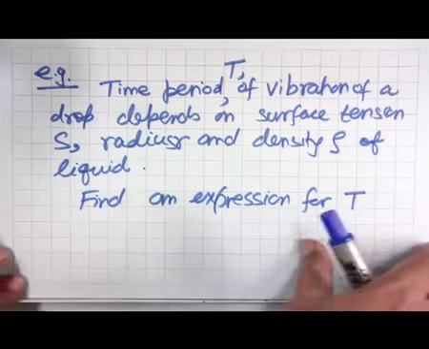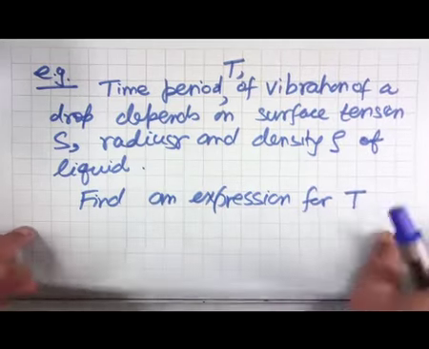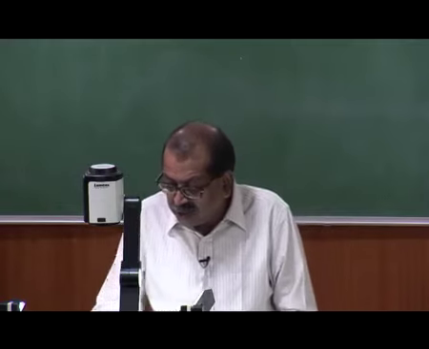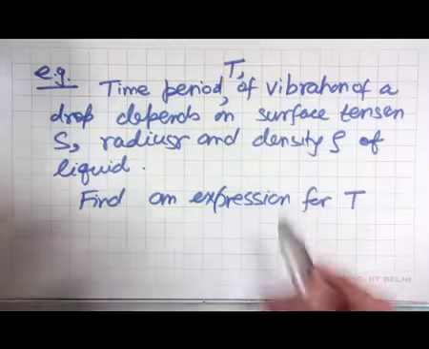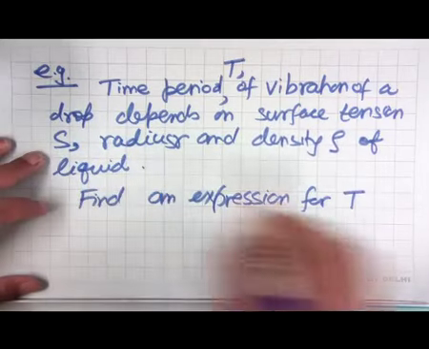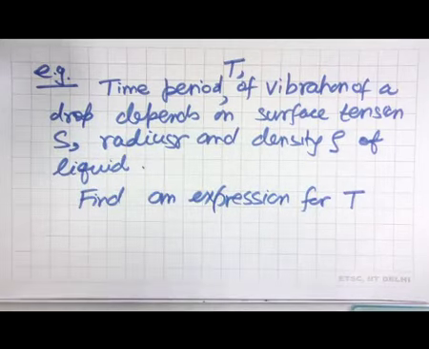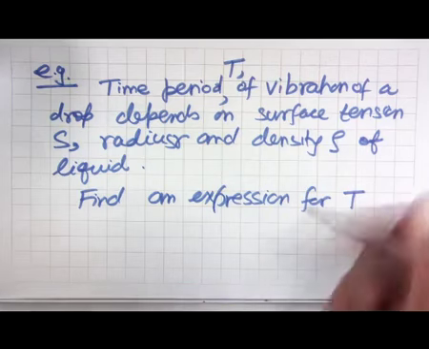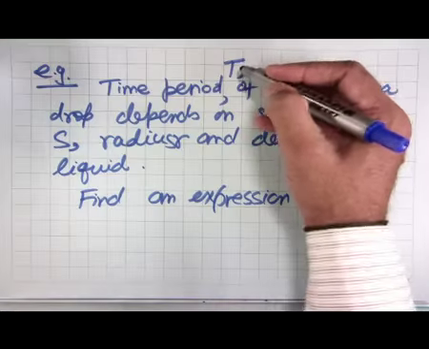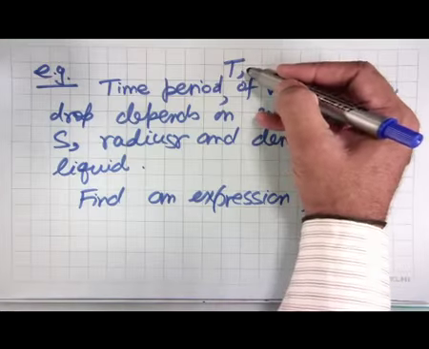Now, one thing we will have to realize is that this will work when the time period is a function of surface tension, radius and density. If we write the basic dimensions involved in all these quantities, time period will involve time.